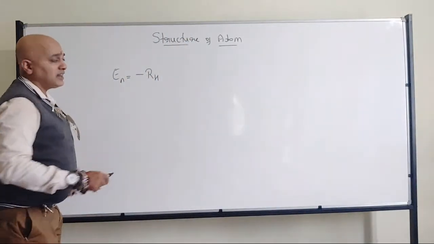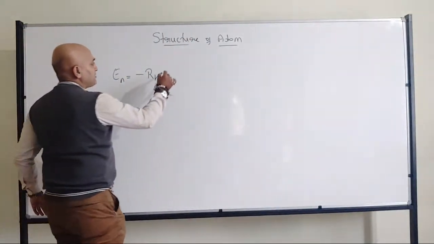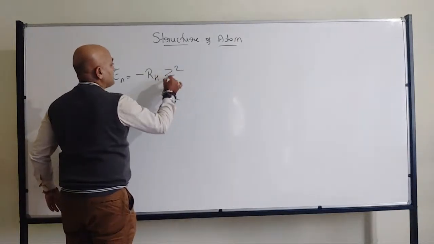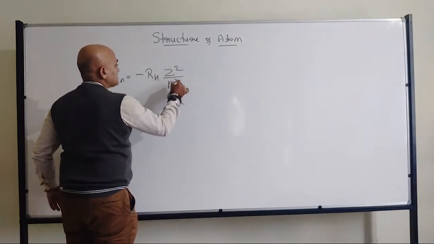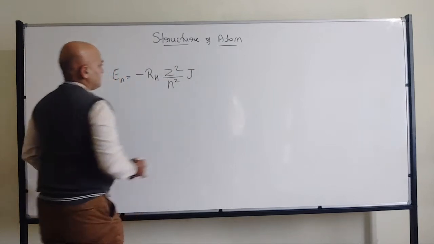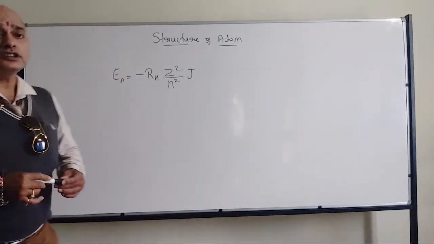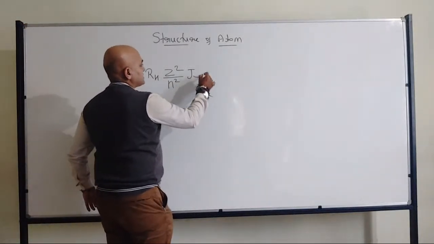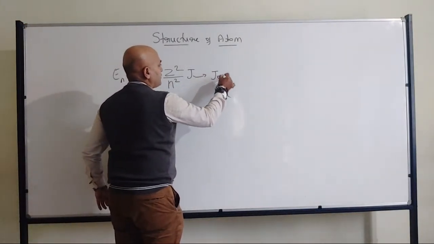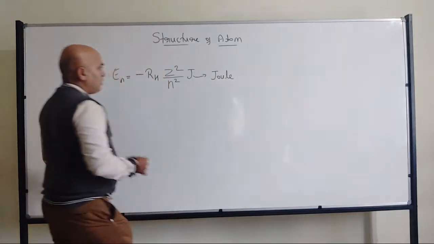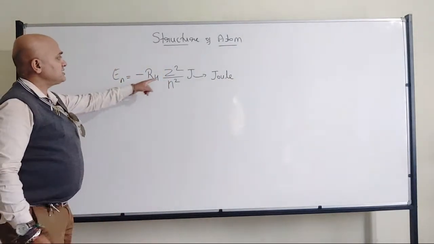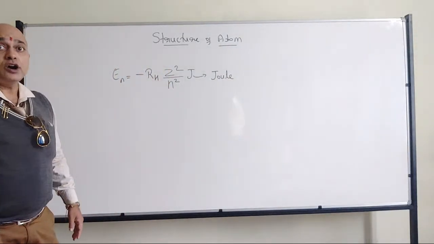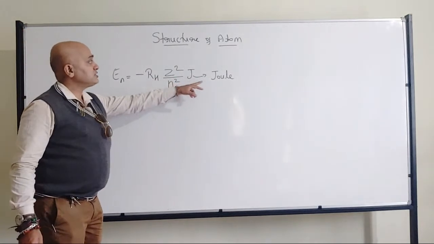Then, along with Rydberg's constant, we have the Z square and n square, joule. J stands for unit of energy, joule, because RH is having the same unit, joule.